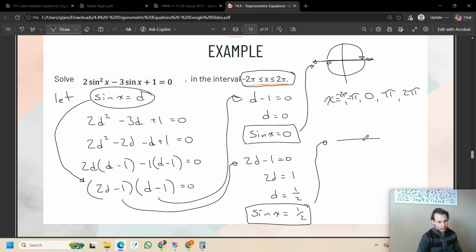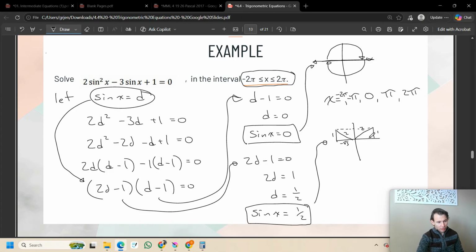Well, there we visualize our unit circle. We imagine that we have this triangle here where this is 1 and that's 2 and this is pi by 6. Okay, and we also know that we would get the same triangle over here, or at least the same value of sine. That would be 1, that would be 2, and this would be negative root 3. But we don't care about the adjacent because the adjacent has to do with cosine.